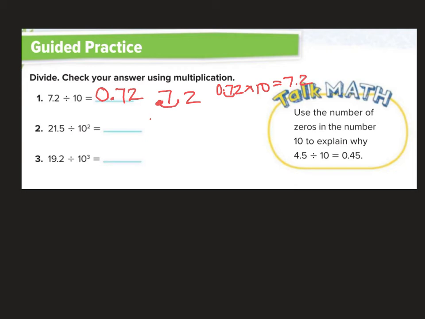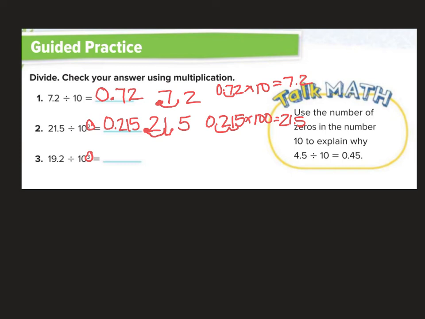Okay, 21 and 5/10 divided by 10 to the second power. That means I need to bring it back twice. 1, 2, 0 and 215 thousandths. Check with multiplication. Times 100, or 10 to the second power, boop, boop, equals 21 and 5/10, which checks out.